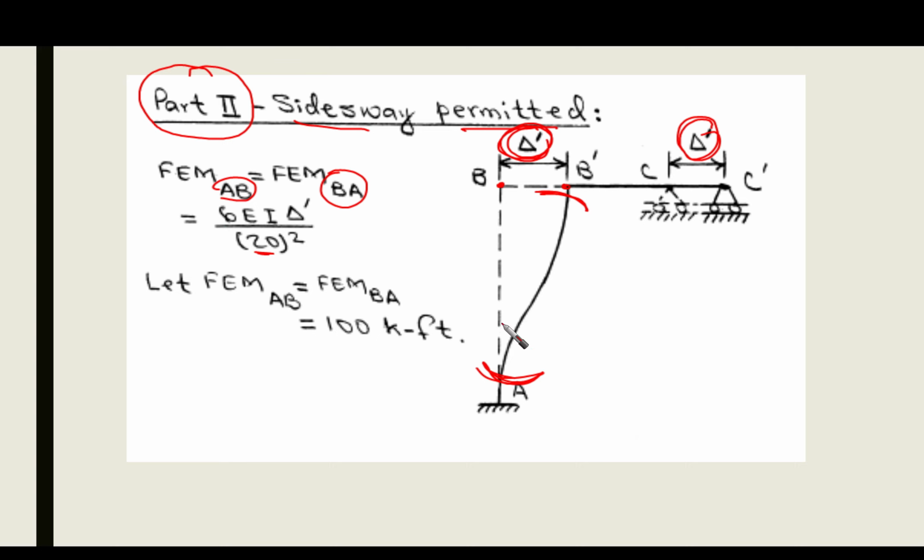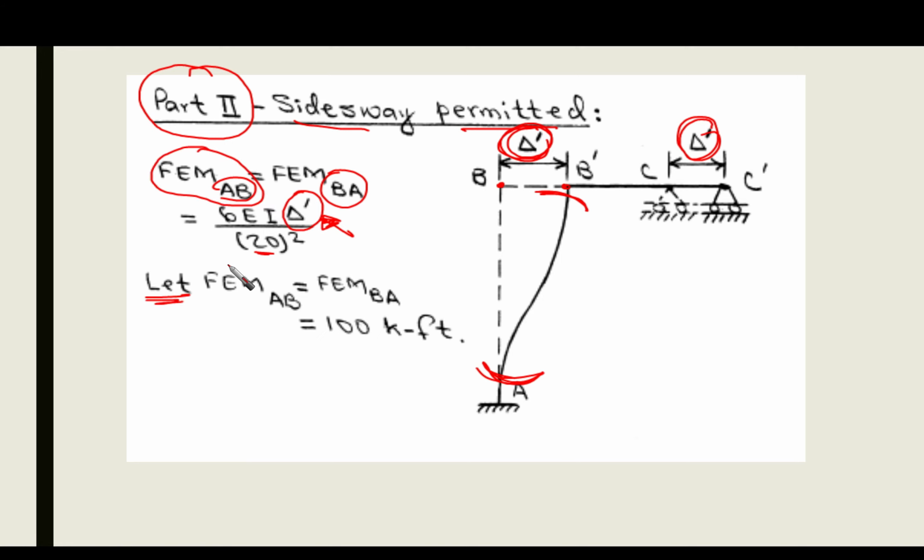The length here is 20. But here we want to know what delta prime is. Commonly we can assume it, but more conveniently we assume the output here. We assume the fixed end moment itself. It is easier, that's it.